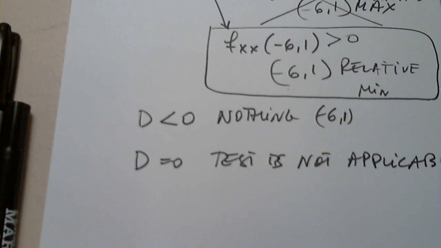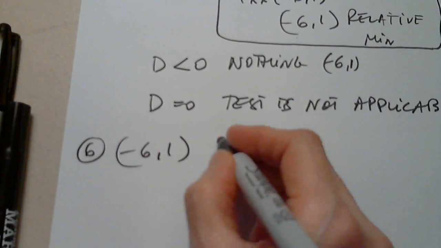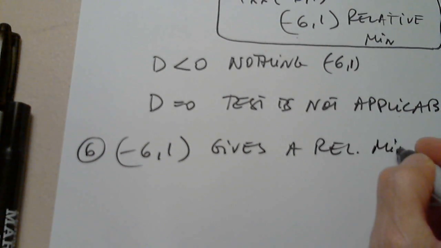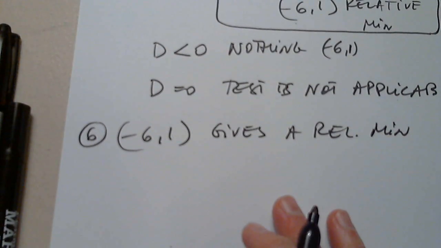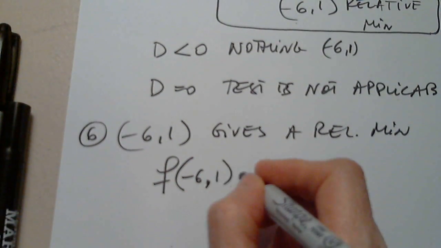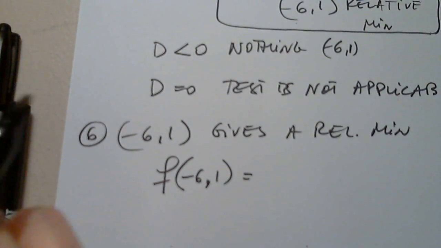In the final step, now I know that negative 6 comma 1 gives a relative minimum. I have to go back to the original function and find the relative minimum. So where's the original function?